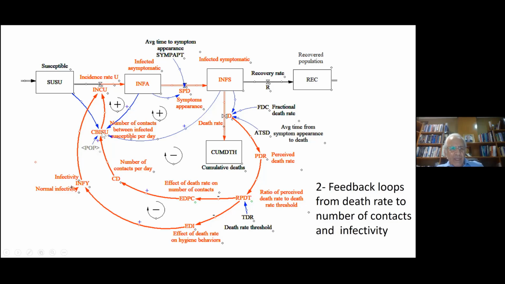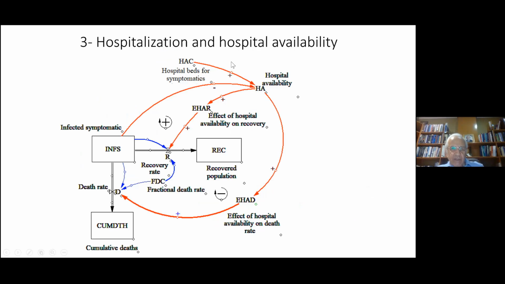So number of contacts per day plus infectivity would determine incidence rate, and those two positive loops would increase death rate, while these two negative loops would control death rate through the way that people would behave in reaction to increasing death rate.